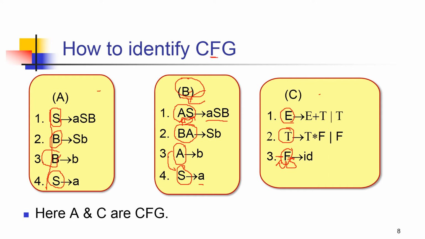Hence, you can say this particular example is for CSG, that is a superset, as we have done in the Chomsky hierarchy: regular language, context-free language, and the next one was context-sensitive. So it is representing a context-sensitive kind of thing. Now I hope it's quite clear how to identify context-free language and why context-free grammar is actually called context-free.